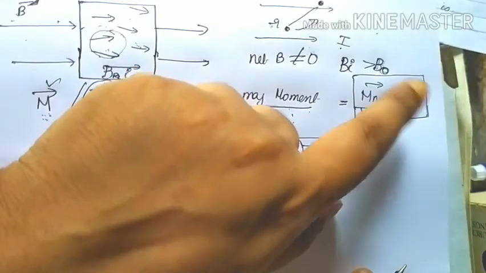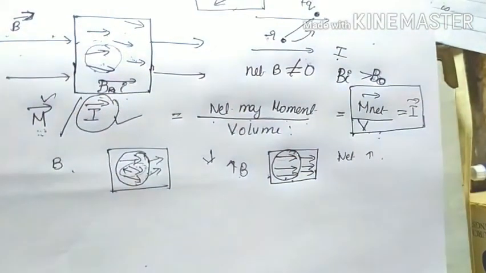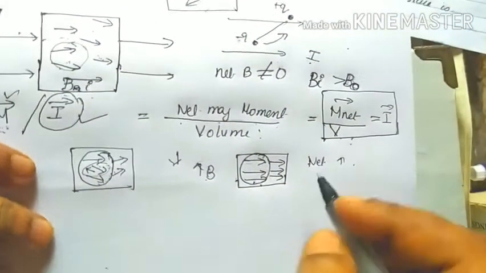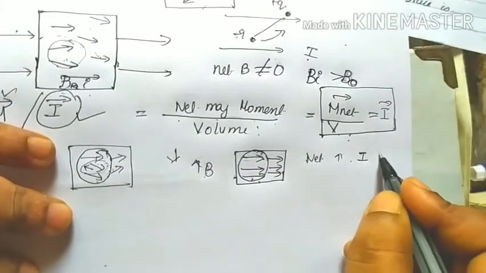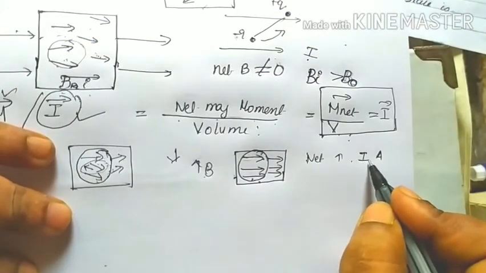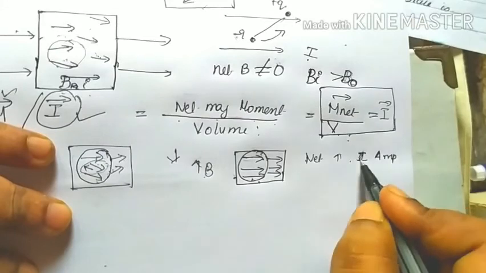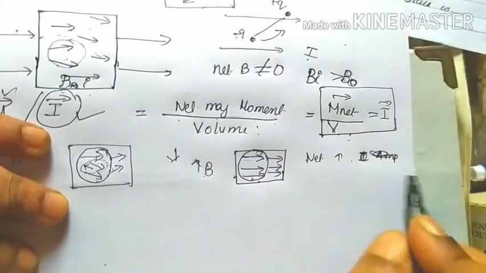What is the unit of magnetization then? M net, or magnetic moment, is current into area. So I into A, where I is in ampere and area is in meter squared.